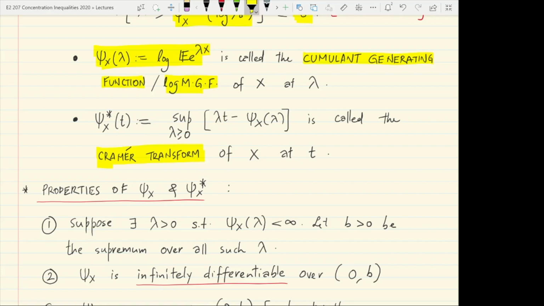So if you have a random variable x on a probability space, or equivalently if you have a measure on a probability space, then you automatically have a Cramér transform. And we will see that this Cramér transform function Cx star for any random variable x is a very important object to study and think about if we want to give clean or usable concentration inequalities for tail probabilities of random variables.